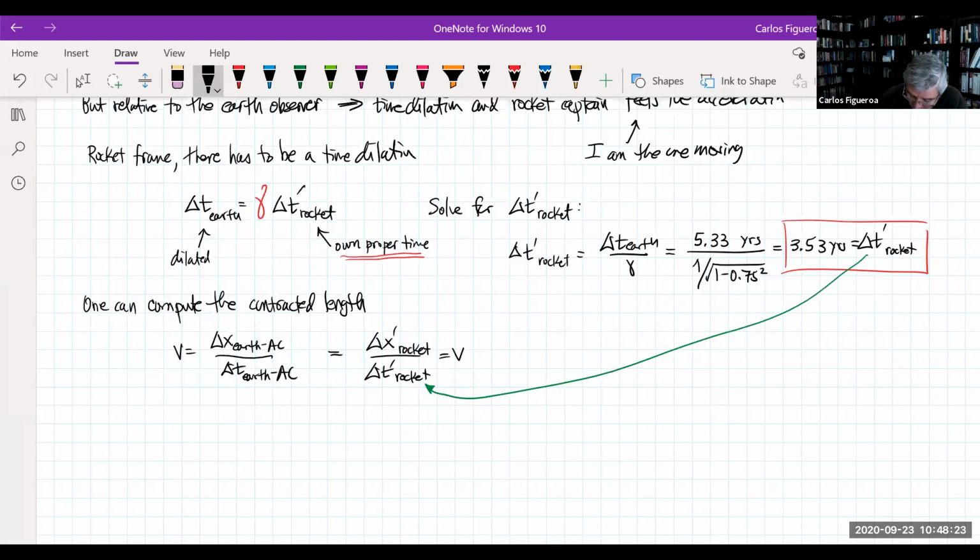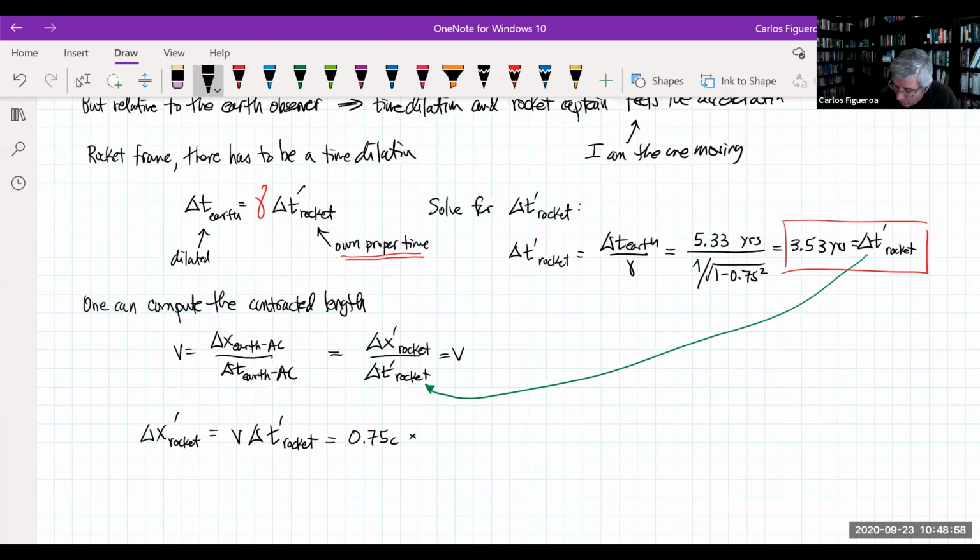So you could see here that the contracted length as measured relative to the rocket has to then be v times the time of the rocket. And note that I don't have to say which frame I am talking about, this frame or that frame. The relative velocity equation says that's an invariant for all observers. So if that's the case, then I know that the speed is 0.75 c.